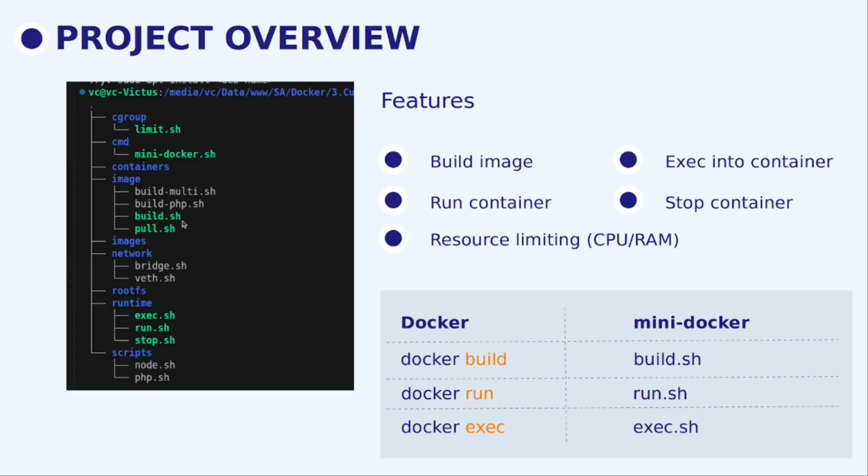Our mini runtime supports: build an image, run a container, execute commands inside a container, stop a container, limit CPU and memory. Equivalent to real Docker. So we are basically rebuilding Docker in a simplified way.